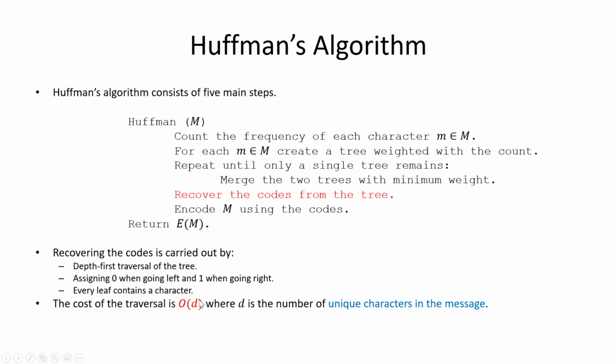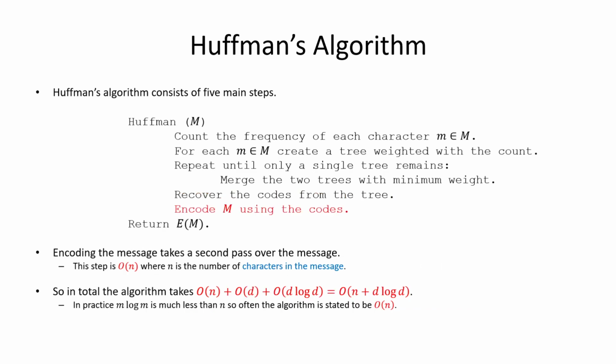The cost of this is the cost of visiting every node in that tree. That tree has exactly 2D minus 1 nodes in it, so it's order D to visit every single one of them. And again, if D is a constant, we'll ignore this cost as well.